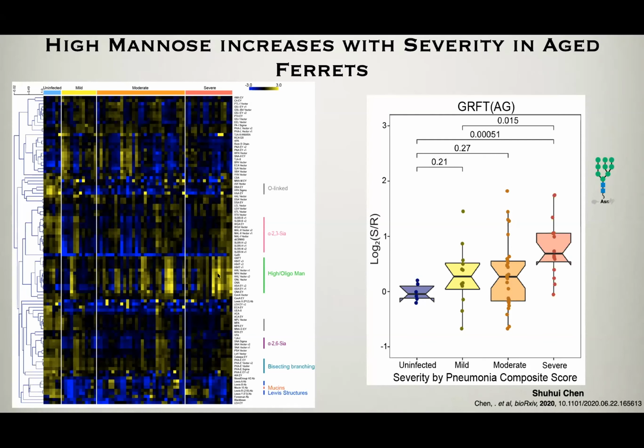So we're actually also seeing it in this case in the oligomannose cohort. So mannose in general is really going up with severity in pneumonia, with severity in influenza, in the aged ferrets where we're seeing the severe impact.